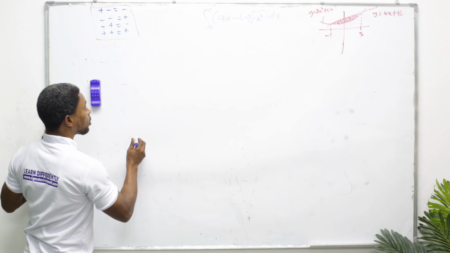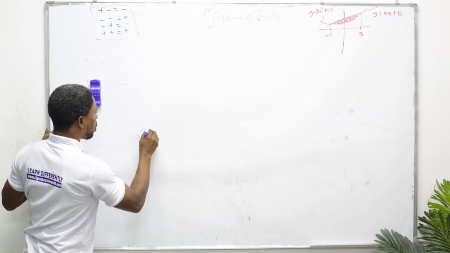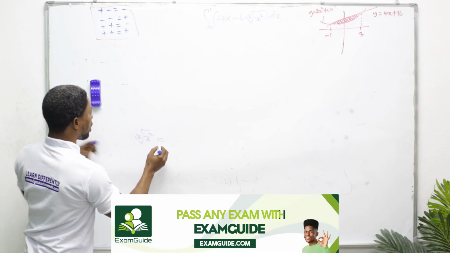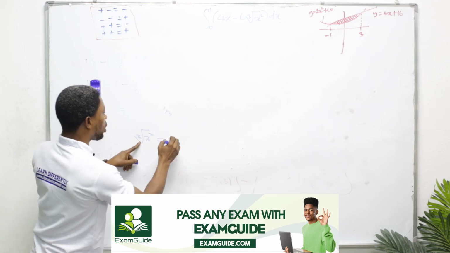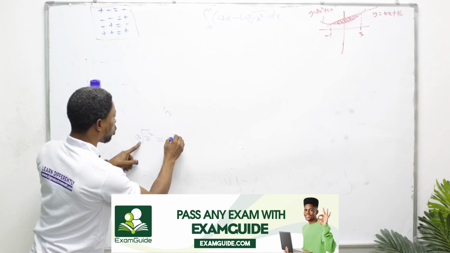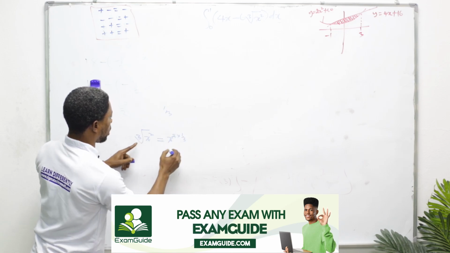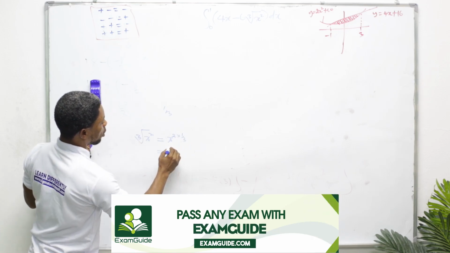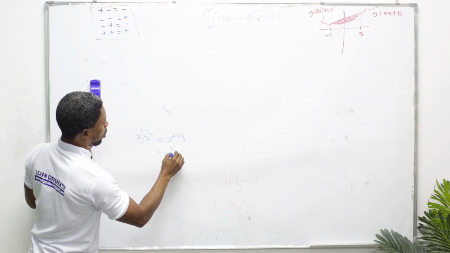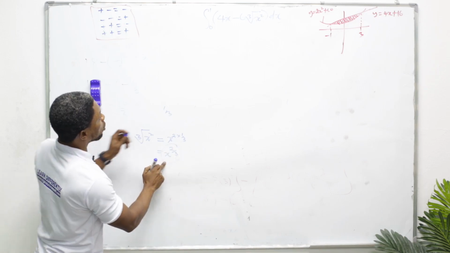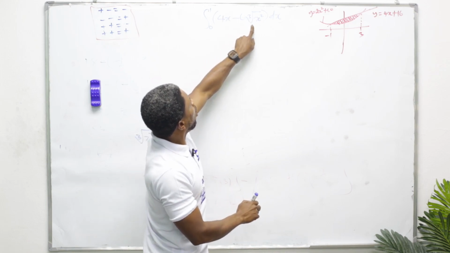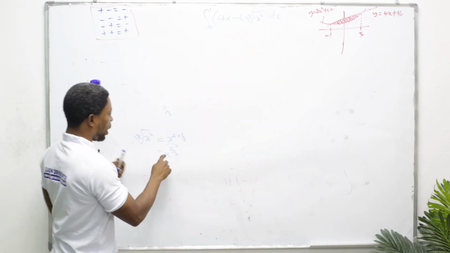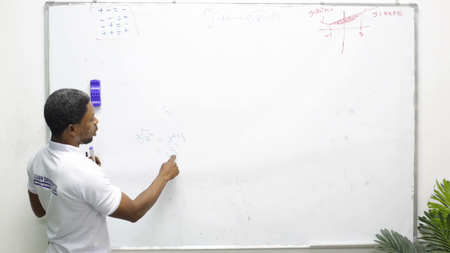Cube root of x squared is the same thing as x raised to power 2 multiplied by 1 over 3, so 2 times 1 gives me 2 all over 3. So I'm going to replace the cube root of x squared by x raised to power 2 all over 3.